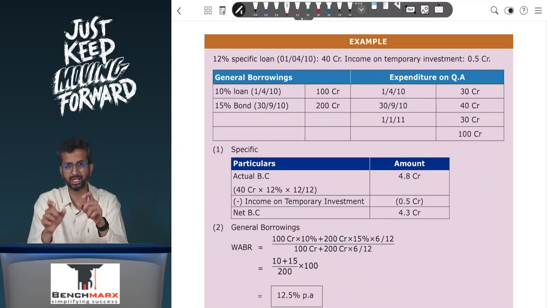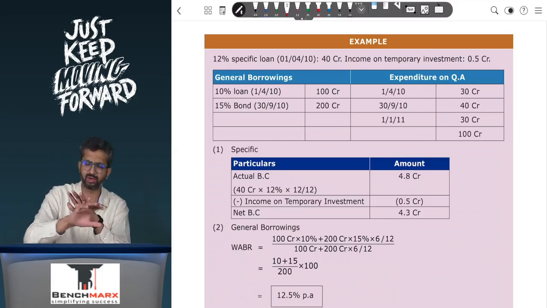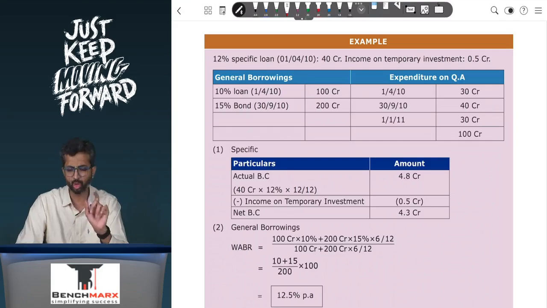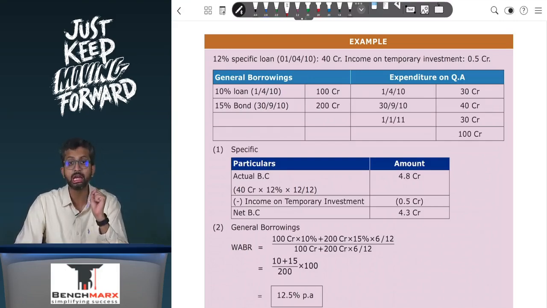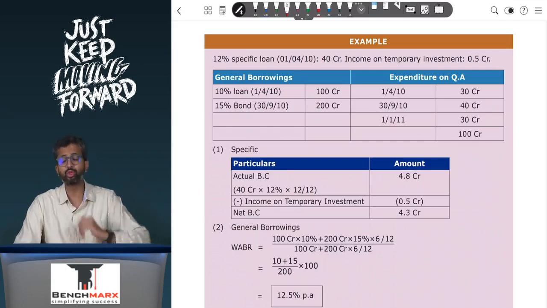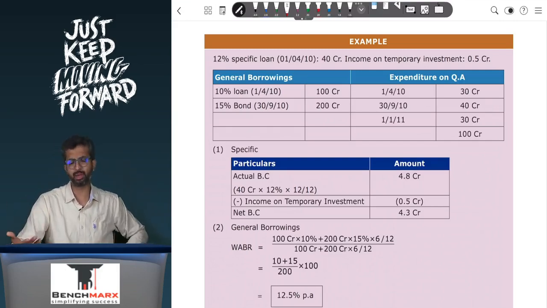Third step, multiply the weighted average borrowing rate with the expenditure incurred out of general borrowings, that is, after spending money from the specific borrowings, whatever is from the general borrowings, into the time for which that money is used, divided by 12. That will give you the eligible borrowing cost, which will ideally be capitalized.